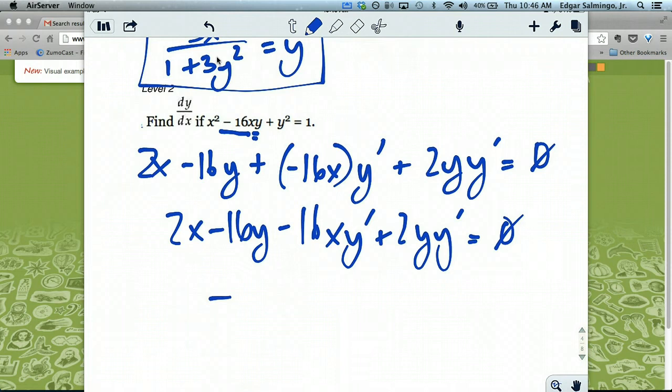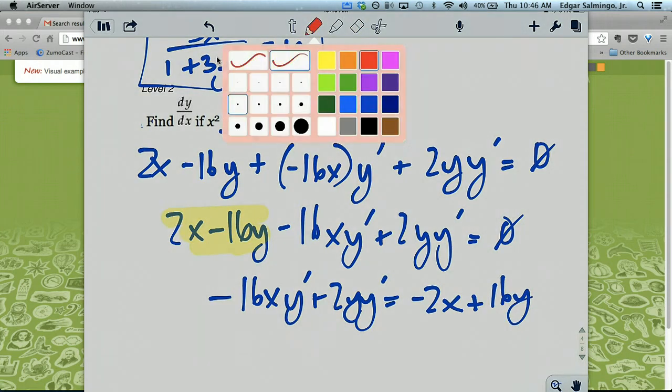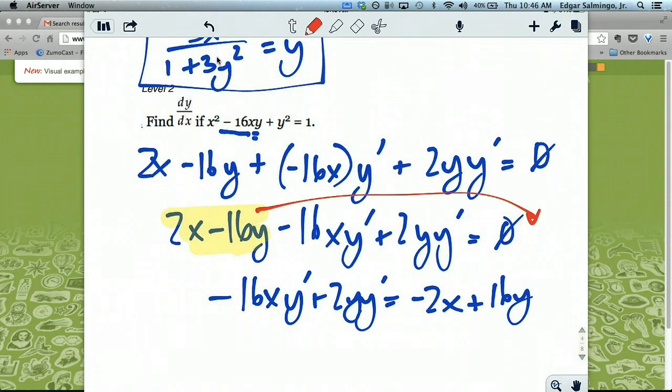So this left side, I'm going to leave the y primes alone and move over negative 2x and a 16y. So basically this, I just moved to the other side. Okay, or I subtracted or added it to both sides. Then I'm going to factor out a y prime.